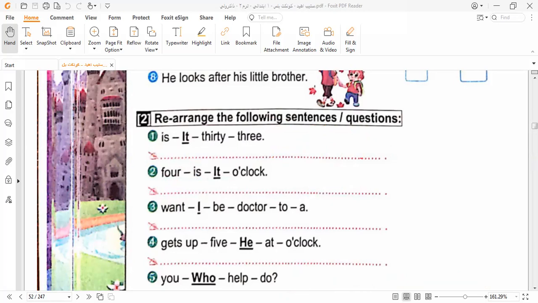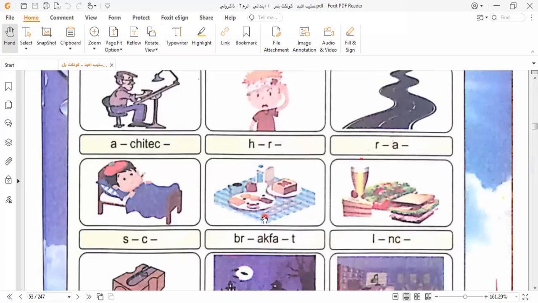Let's go to another question. Here we have unscripted also, but I will answer some of them and leave the rest to do as homework. Okay? Third, we have road, we have lunch.